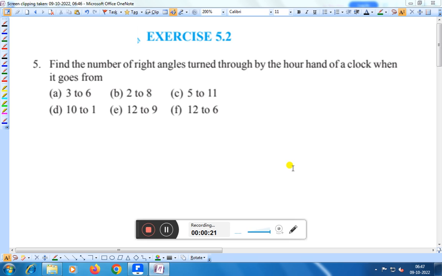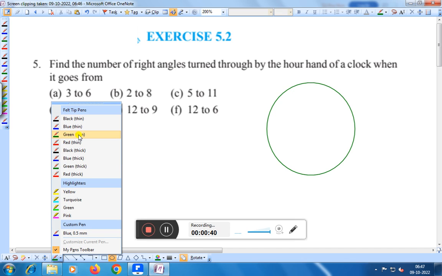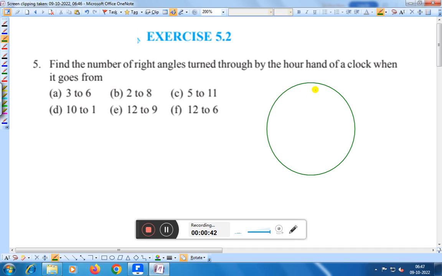First of all, we make a clock, right? We are making a clock here. Now, this is 12. This is 6.